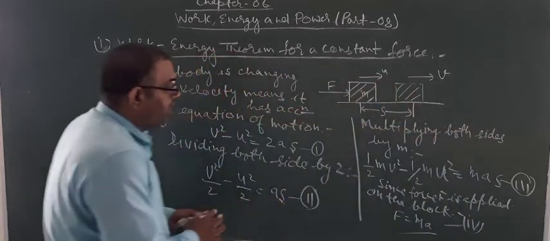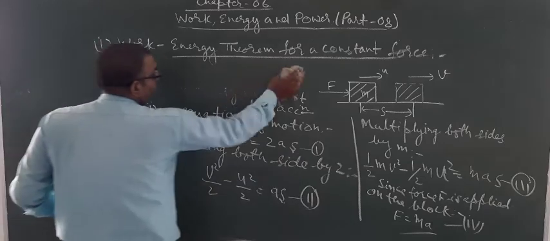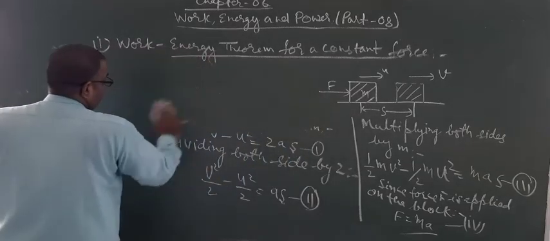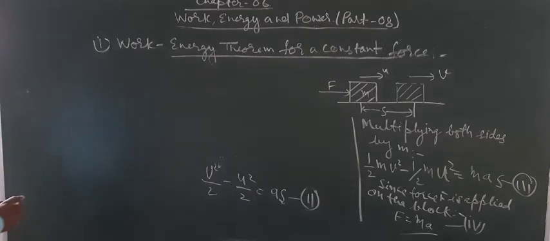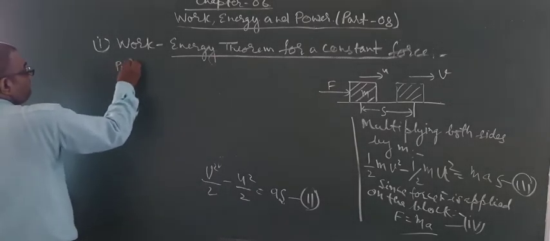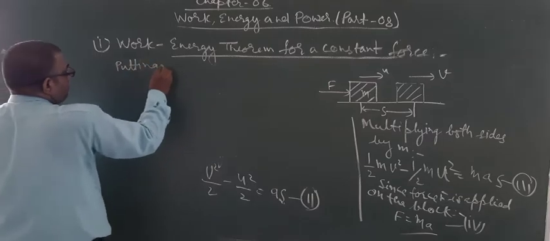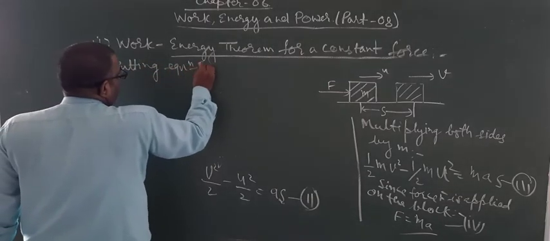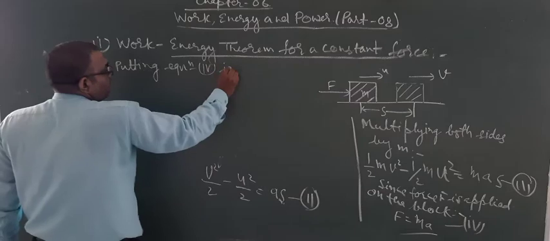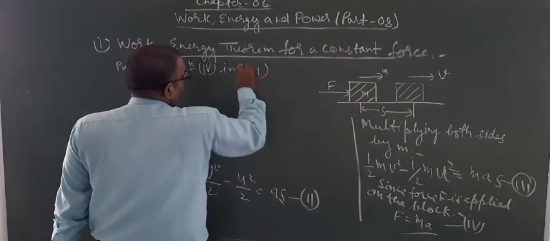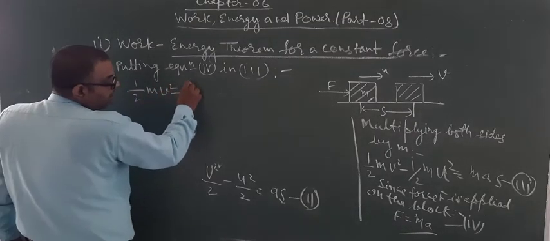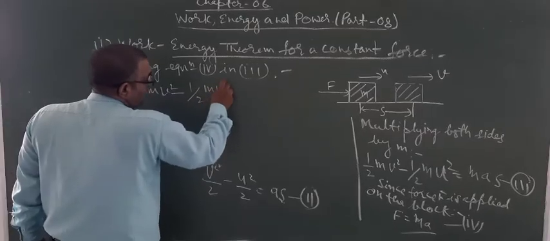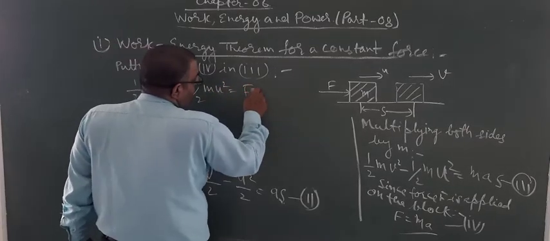Putting equation 4 in 3, we will get half mv square minus half mu square is equal to F into S.